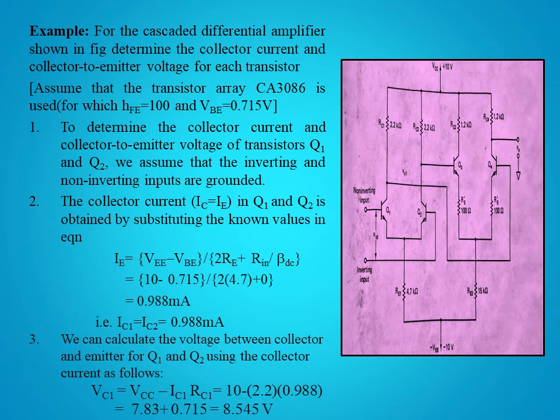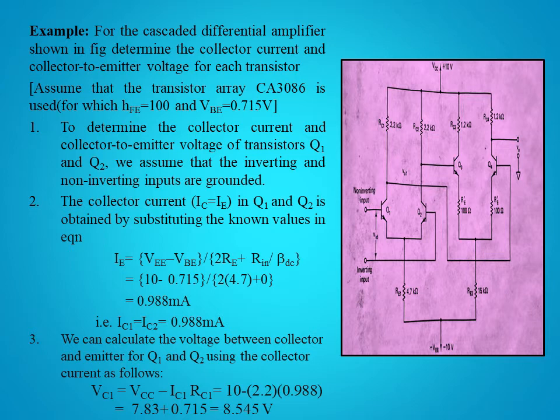In the same way that we had calculated before, we will calculate the voltage between collector and emitter for Q1 and Q2. This will be calculated by a simple Kirchhoff's law equation that we had discussed in the DC analysis. By putting in the respective values, it comes out to be 8.54 volts.